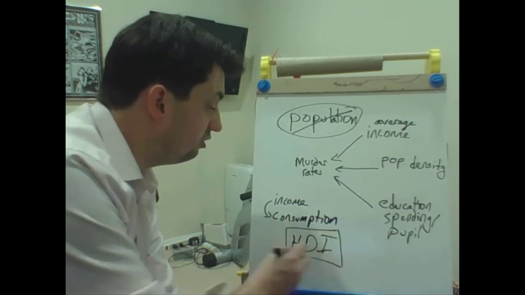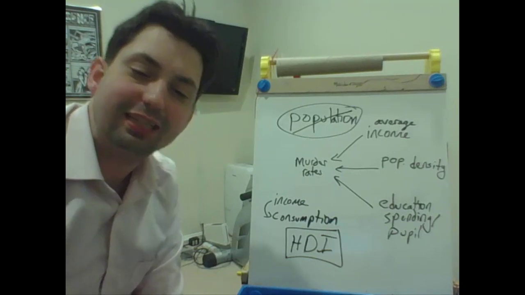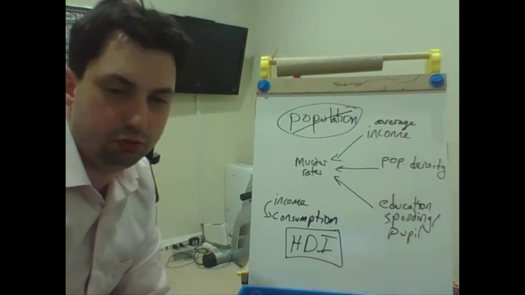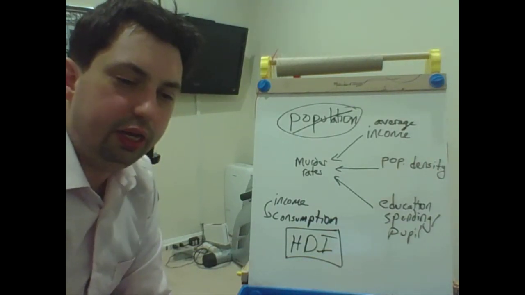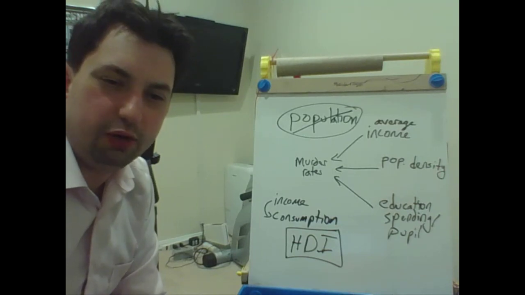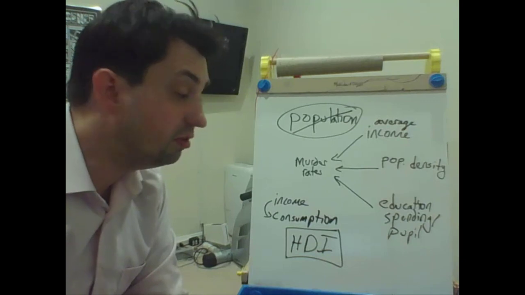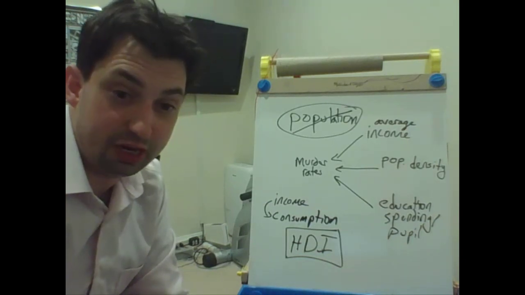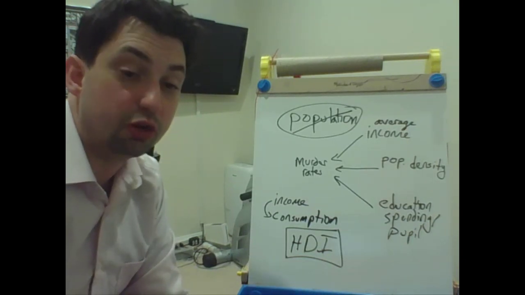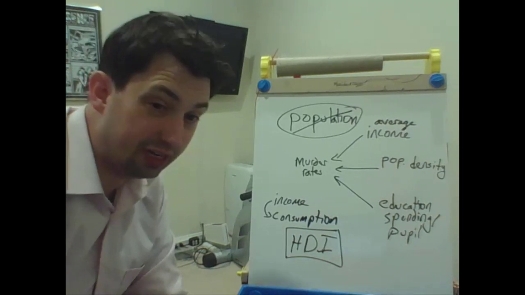Another obvious one I get is HDI. HDI is a fine variable. HDI stands for Human Development Index. It's a fine variable to use. It is essentially a measure of how developed a country is. The problem is people will then look at what HDI is, and then they will use the components of HDI to predict HDI.